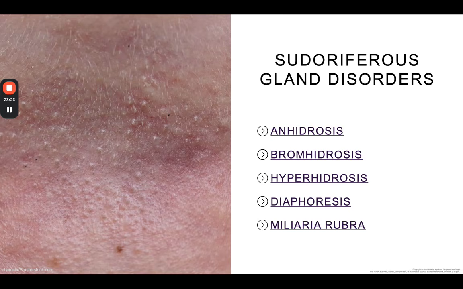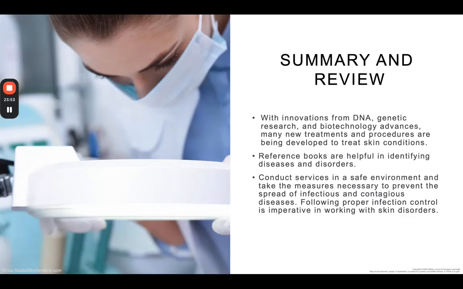So just simply recognizing a potentially contagious skin disorder can stop the spread of infection. You can formulate a more specific treatment plan and use the appropriate products when you can identify common skin disorders such as rosacea and acne, and understanding some skin disorders are contraindications for treatments will help you avoid negative outcomes. All right, that is all of our chapter 4 as a summary and review.